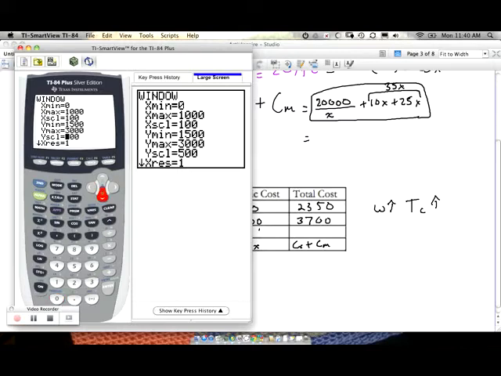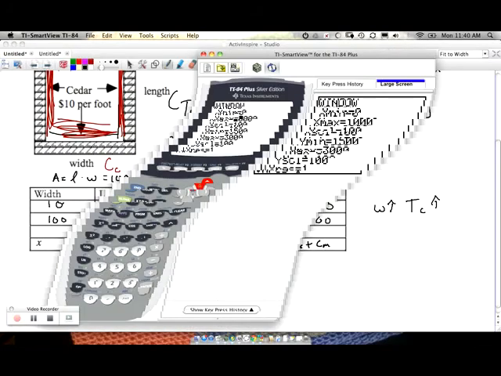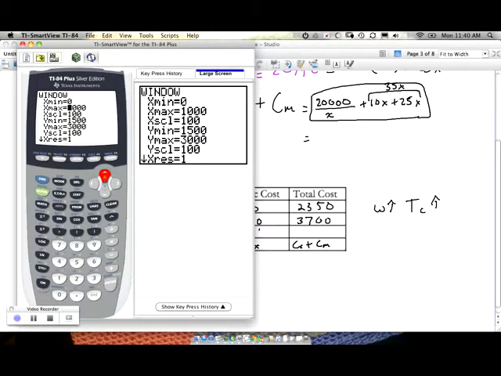We're probably going to skip every 100. And then for the x maximum, we're just looking between 0 and, what was that value that we saw there? It was from like 0 to 10 maybe? 0 to 10. We'll mark that every 1.